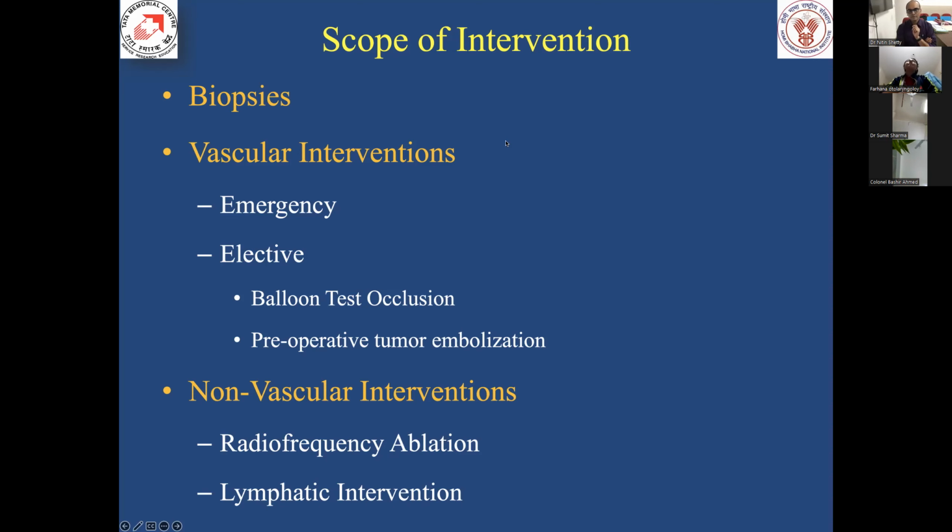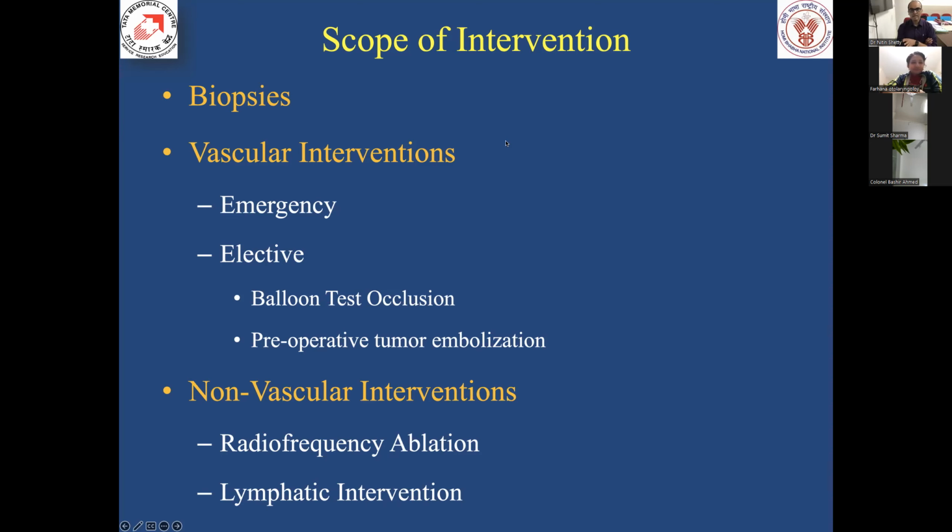Now for the RFA, worldwide it started off with radiofrequency ablation, what we call RFA. It is one of the thermal-based modalities for causing ablation. The other ablative modality is microwave ablation. Both RFA and microwave are good enough and equivalent in terms of ablating. RFA has been with us for almost 3 decades.